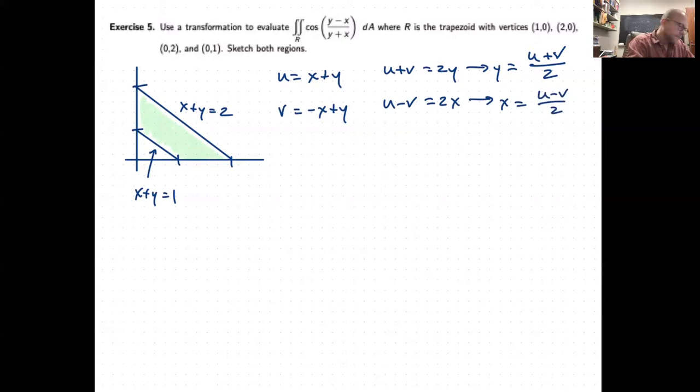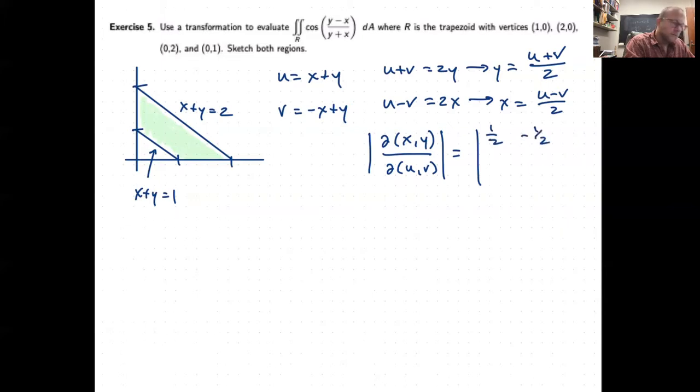All right. And then when we want to do our partial of the transformation, or the Jacobian matrix there, we are doing a determinant, and we will get 1/2 when we take it with respect to u, and minus 1/2 when we take it with respect to v. The top there was the x, sorry.